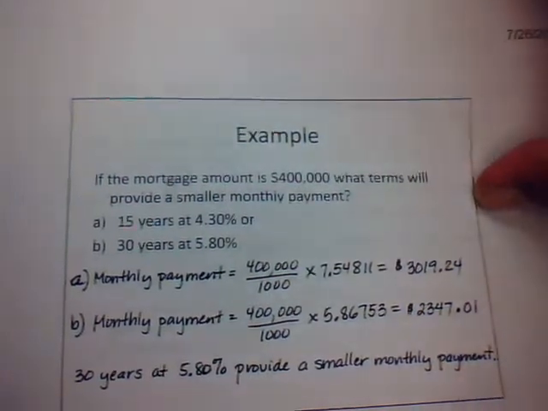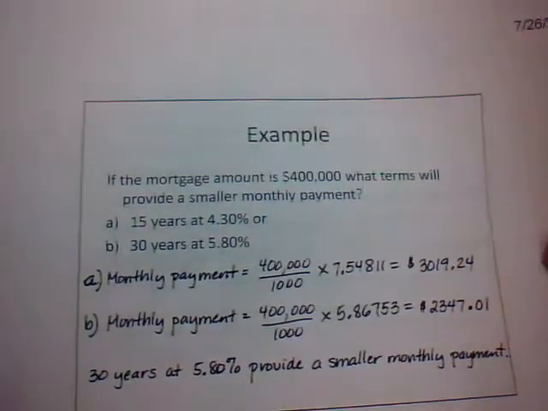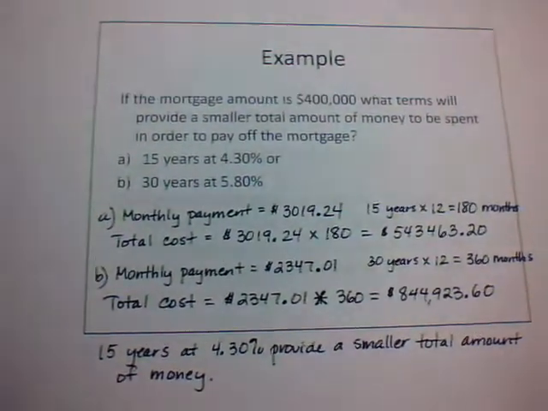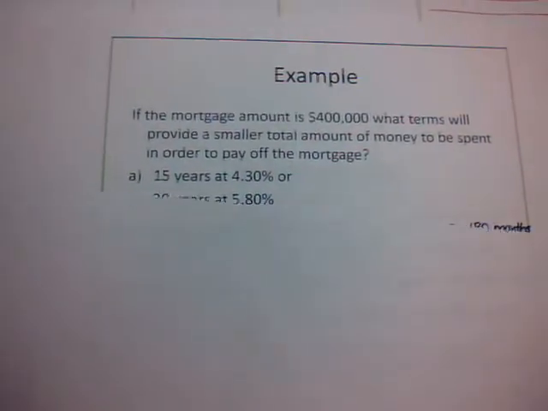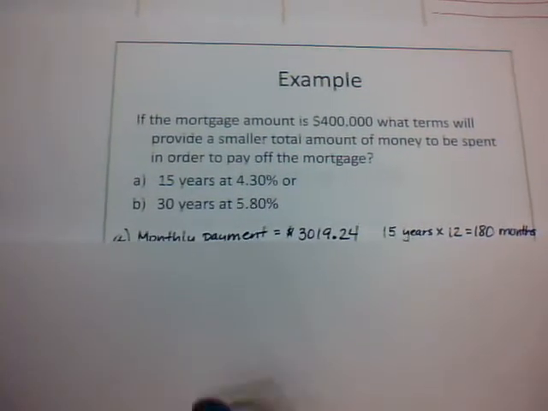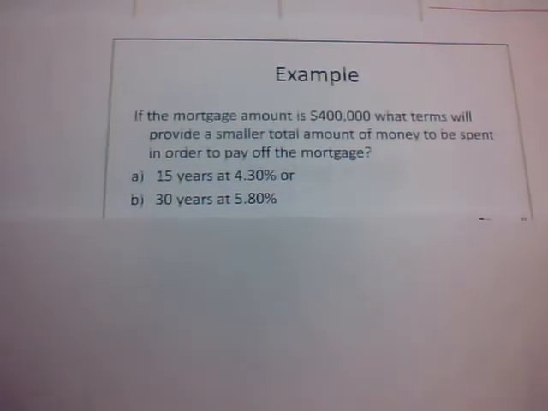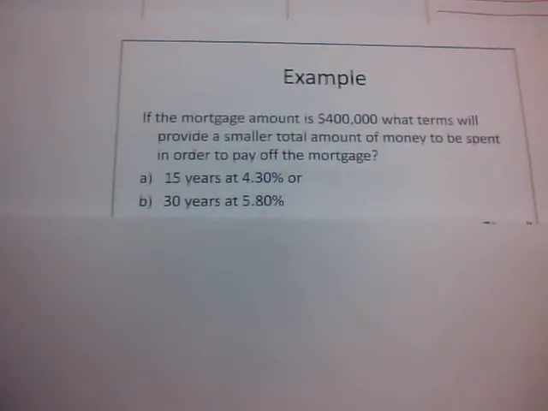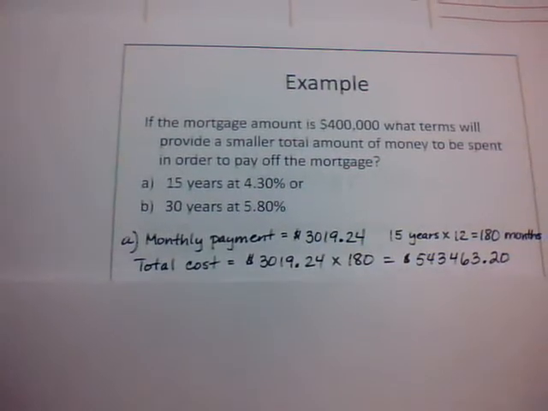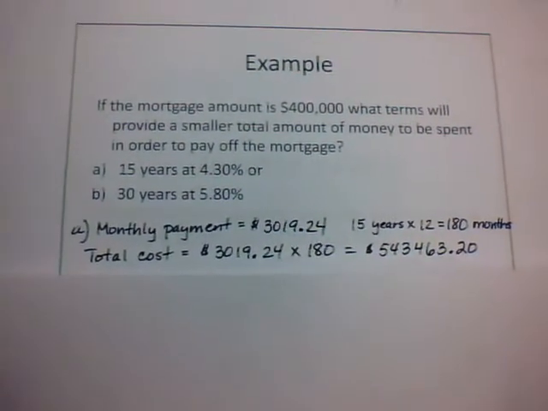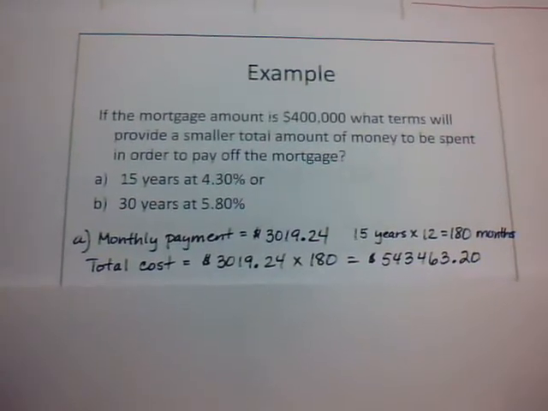Now we're going to look at the same terms and the same amount of mortgage, but this time we want to find out which one will provide a smaller total amount of money to be spent in order to pay off that mortgage. Okay, so a 15-year mortgage at 4.30%. We found out that the monthly payment was $3,019.24. 15 years at 12 months.